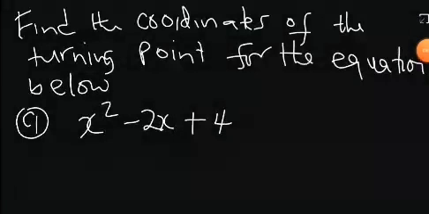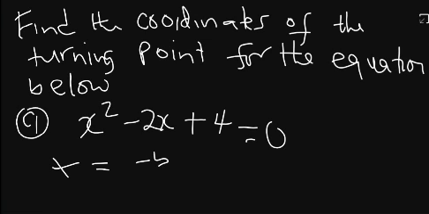So let's look at this example, which says find the coordinates of the turning point for the equation below. x squared minus 2x plus 4 supposed to be equal to 0. So we know our two formulas. For x, we know that it's negative b over 2a.